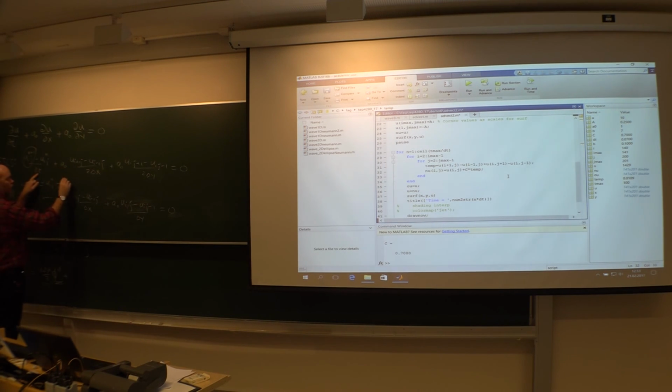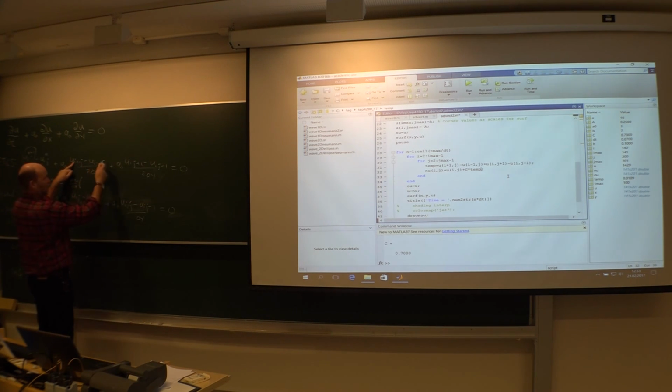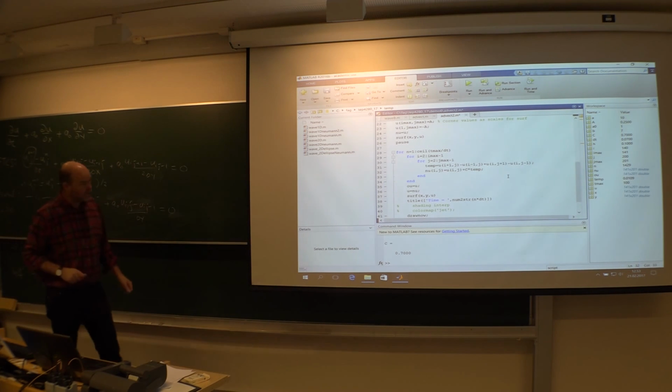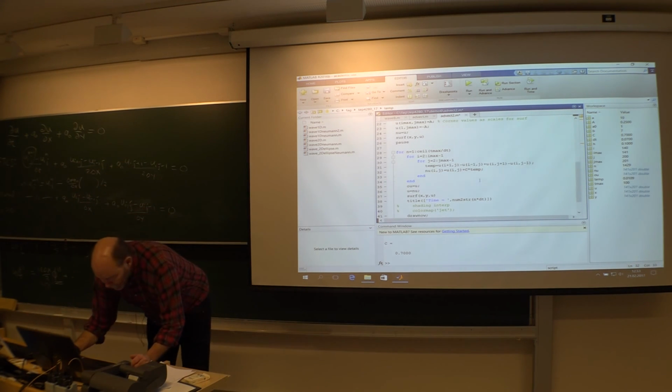You can write the Courant number outside, delta t a0 over 2 delta x, and then you will have all these, that one, that one, that one, divided by 2. That should be the correct one. So I think I need a minus there, and I need divided by 2.